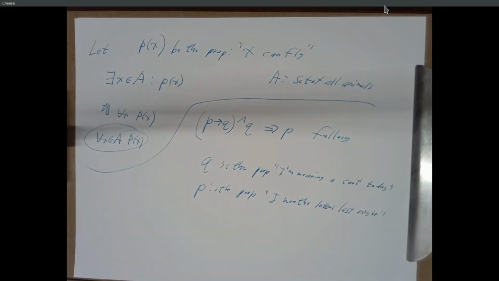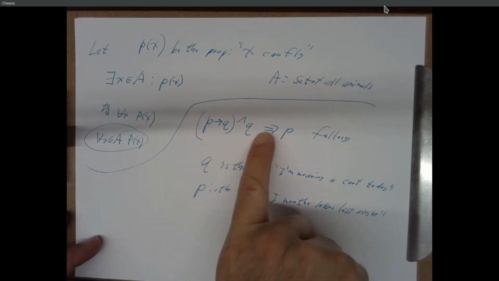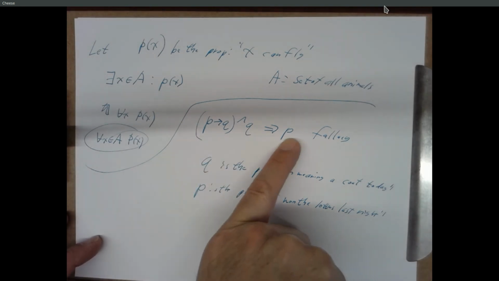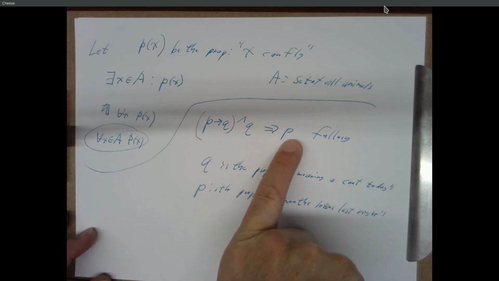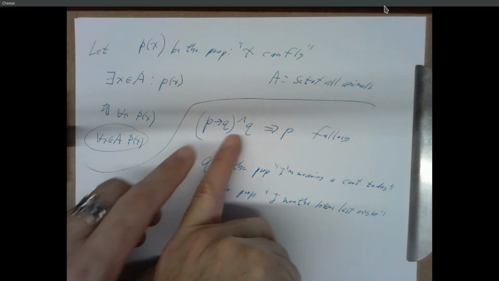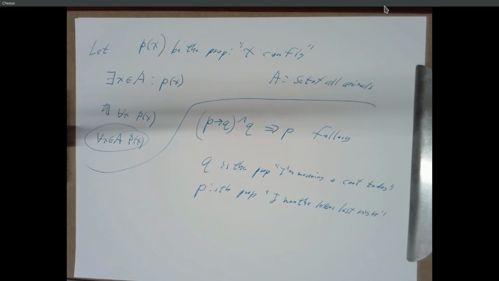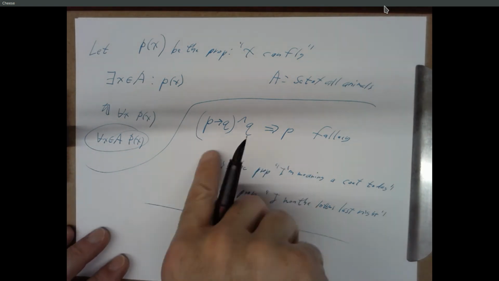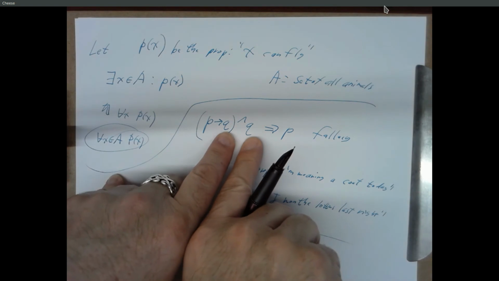Well, if I won the lottery last night, I'm definitely going to wear a coat today because I don't want to get a cold when I've got all this money coming to me. But even though that's true, and it's true that I'm wearing a coat today, that doesn't mean I won the lottery. This has nothing to do with P. So that's a fallacy, the fallacy of affirming the conclusion.